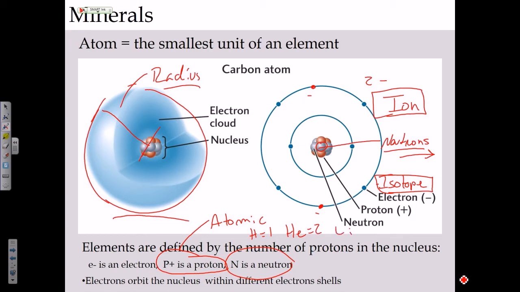Lithium must have 3. By definition, if you change the number of protons, you change the element. If you change the neutrons, you create an isotope. And if you change the electrons in the system, you create an ion of sorts.